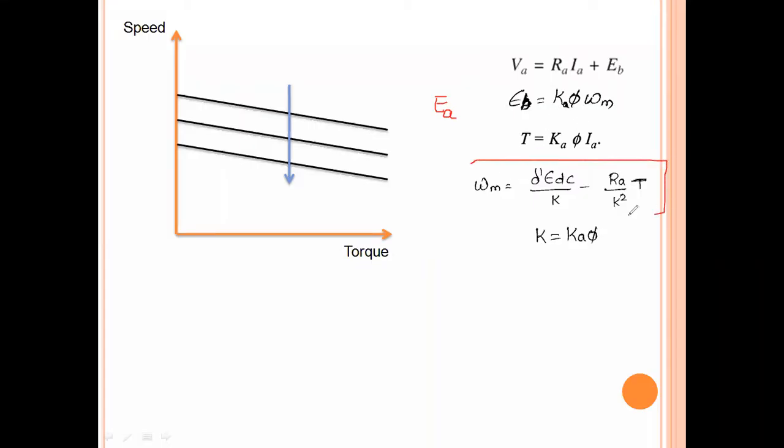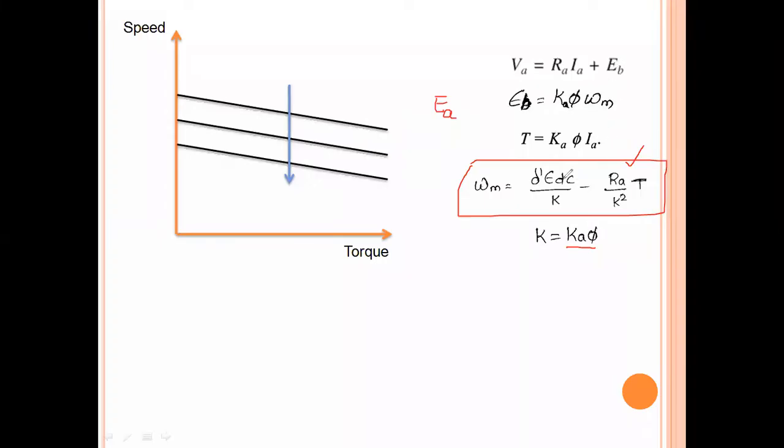You will get omega equal to delta EDC by K minus RA into torque by K square. Here I have simply chosen K as Ka into phi. So this is the final speed torque expression, a simple expression we can derive by substituting these expressions.